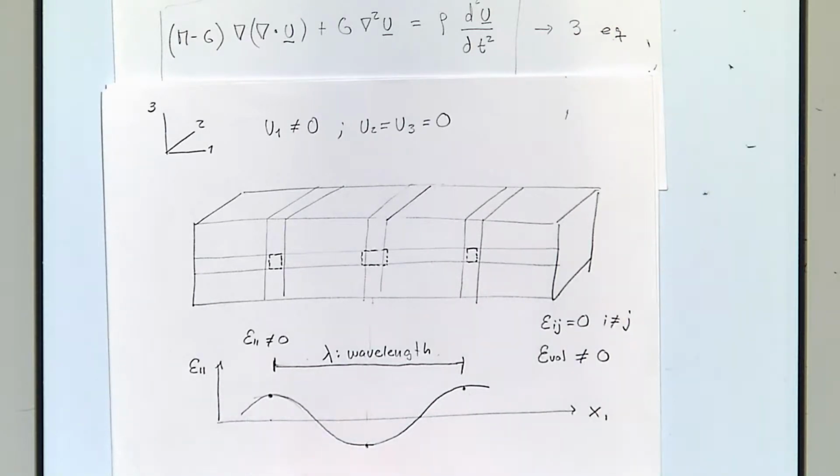The divergence of the displacement is going to be this one, and then I have plus g, the Laplacian of the displacement. I tend to always forget the second two over here, so let me know if I forget one.